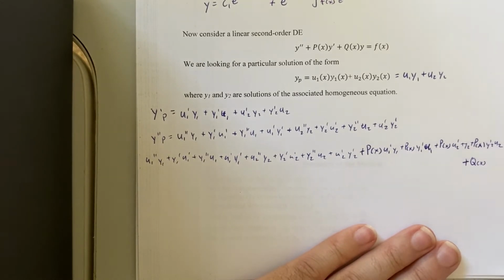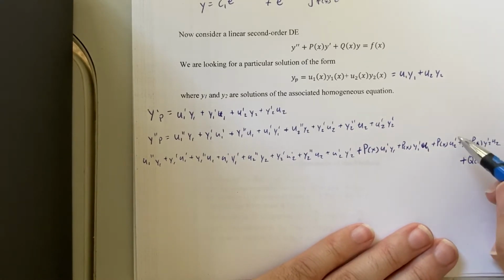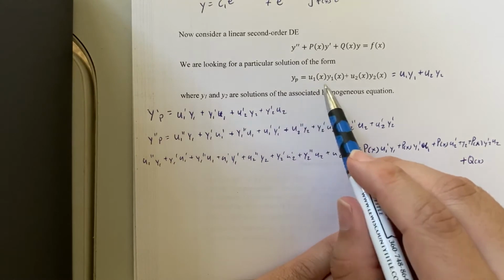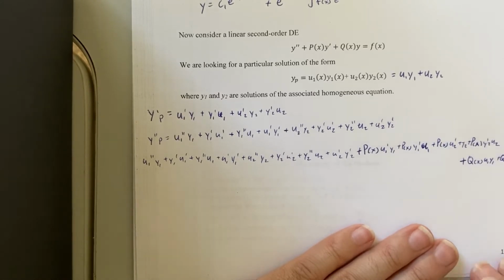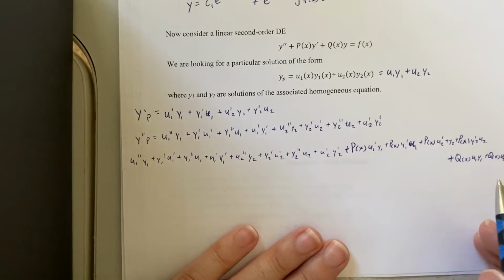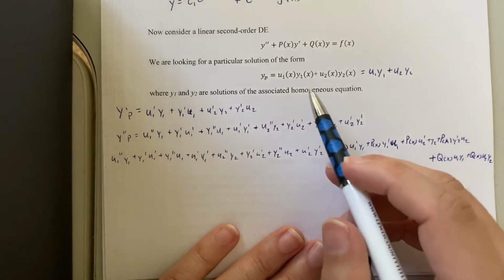I'm just going to use q's and p's, I'm going to do that in a second. So q of x times our y sub p, which is u sub 1 y sub 1, plus q of x u sub 2 y sub 2. Alright, and all of this equals f of x.